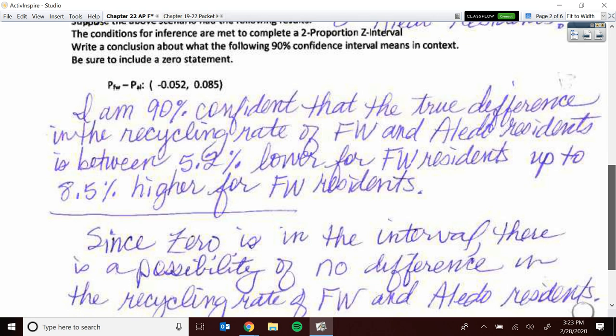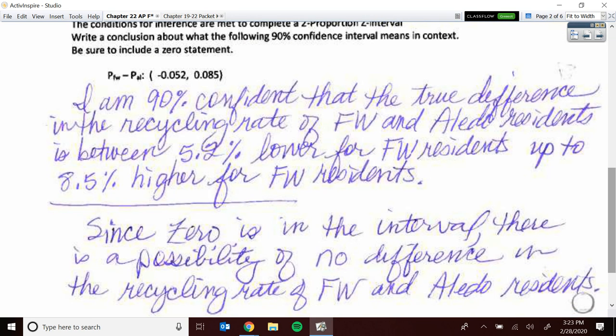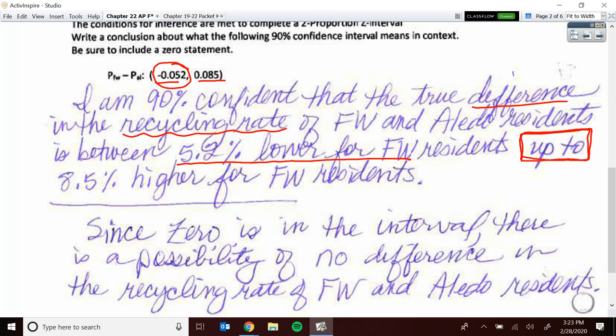And here's this last one. We've got a negative and a positive in our interval. So I'm 90% confident that that difference in the recycling rate, that's the same as like saying the proportions of the Fort Worth and Aledo residences, is between, this first one being a negative number indicates 5.2% lower for Fort Worth residences, up to, that's your little connector if you're struggling on how to say it, 8.5% higher for the Fort Worth residences.